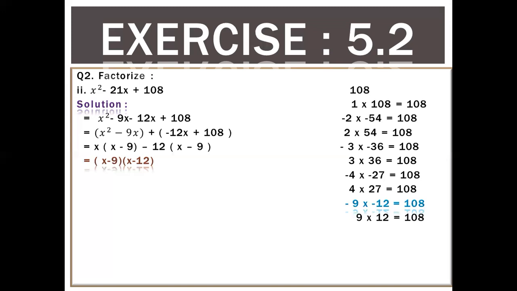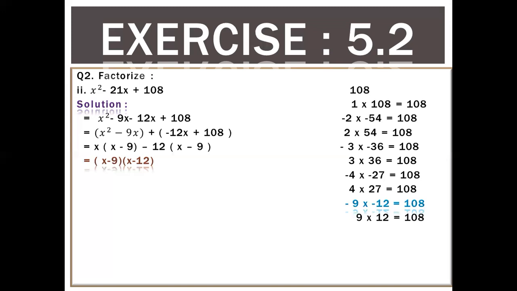Minus 12x plus 108. In the first bracket, x is common, x minus 9 is left, and in the second bracket, minus 12 is common. So we take minus 12 and x minus 9 is left. Always remember, the number within the bracket, the powers, the constant terms, and the sign will always be the same.